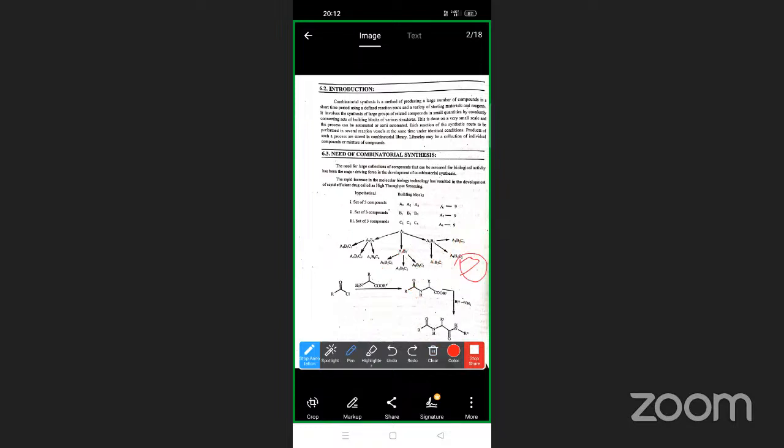From here we are getting three. From here we are getting 3 tripeptides. So with the A1 building block we are getting a total of, how much is it? 3, 6, and 9. So 9 tripeptides we are getting.